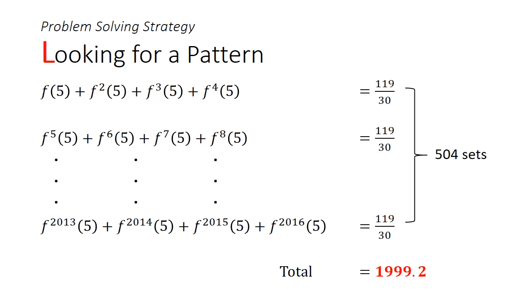While the first 4 terms will give us a sum of 119 over 30, the first 2016 terms will give us 504 sets of 119 over 30. This gives us a total sum of 1999.2.